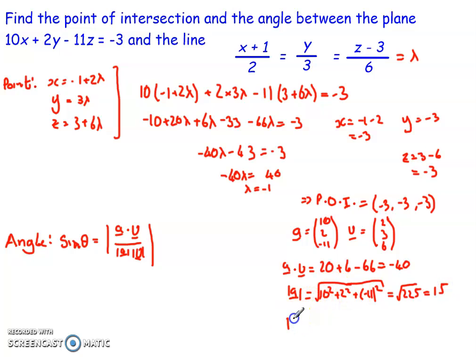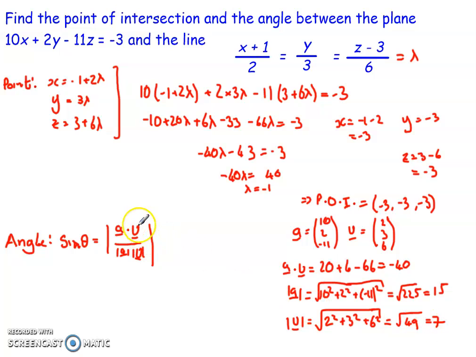If I then did the same thing, but this time for U, so magnitude of U, I'd end up getting the square root of 2 squared plus 3 squared plus 6 squared. Calculating all of those out, what I'd end up getting is the square root of 49, which is equal to 7. So we end up with quite nice values, to be honest with you.